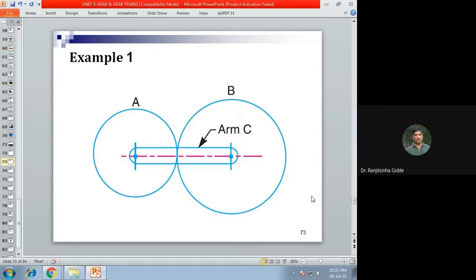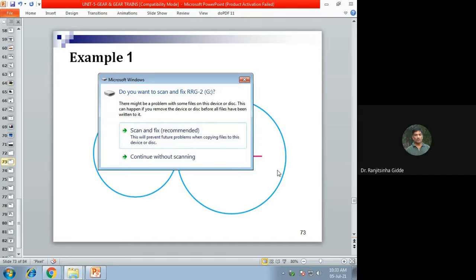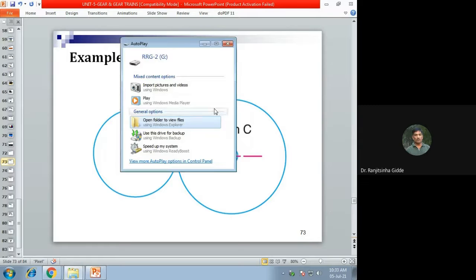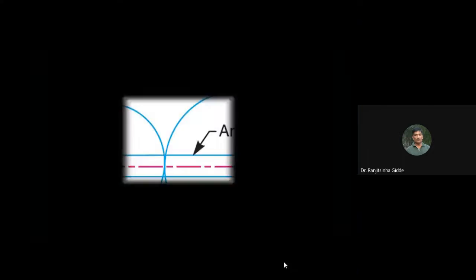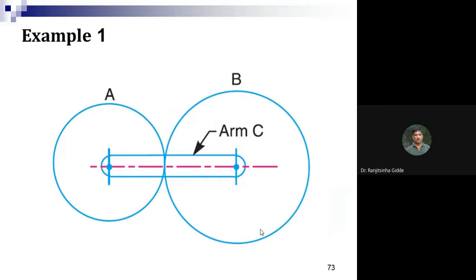In an epicyclic gear train, an arm carries two gears, A and B, having 36 and 45 teeth respectively.